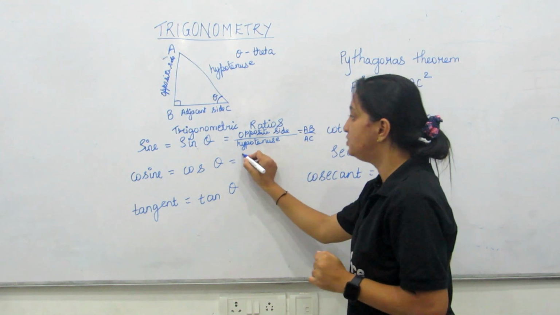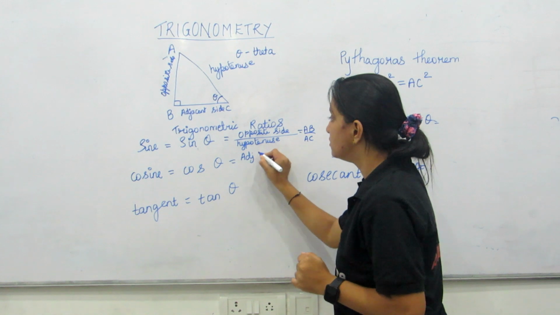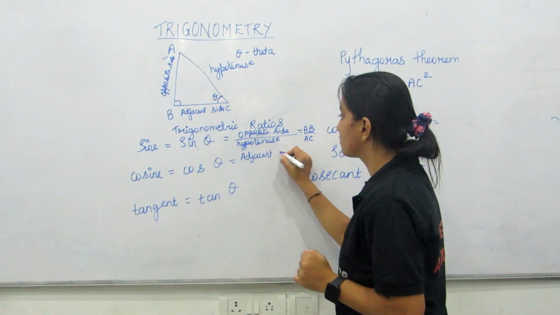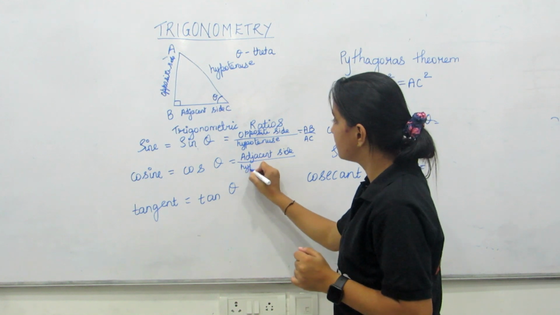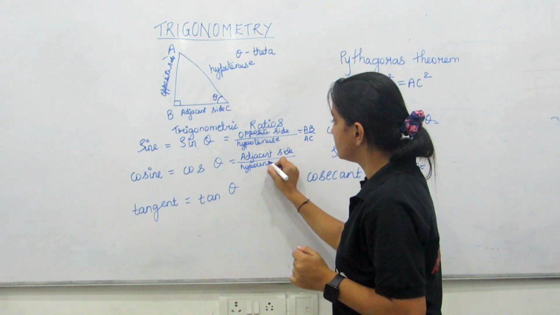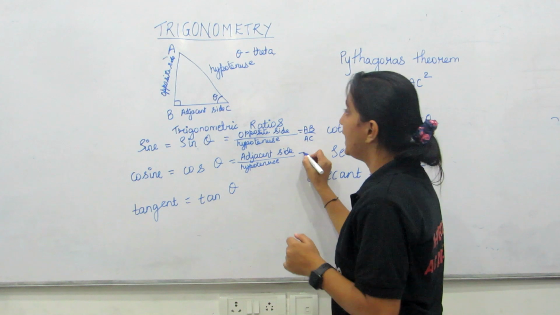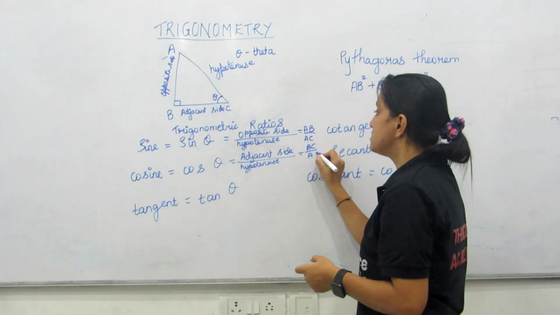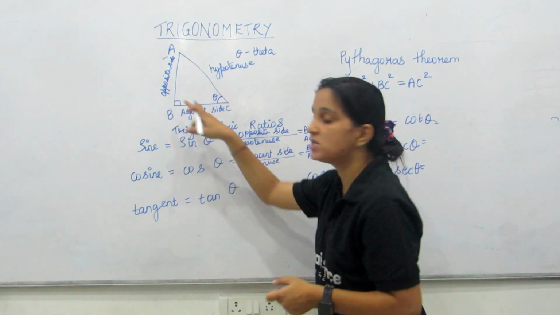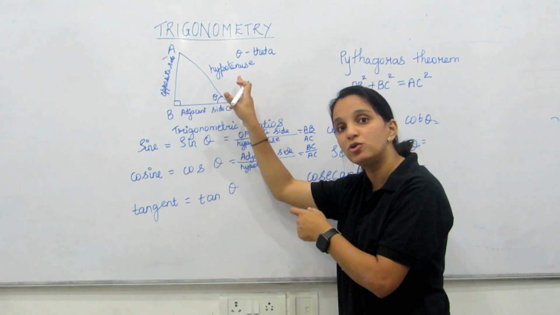Cos theta is adjacent side upon hypotenuse. Adjacent side is BC upon hypotenuse is the same. See, we can't consider opposite side or adjacent side for the hypotenuse.